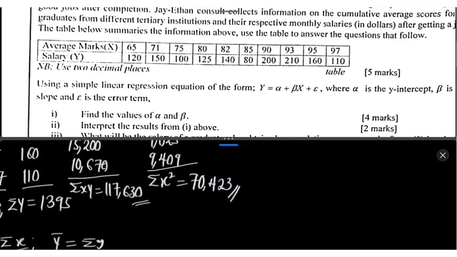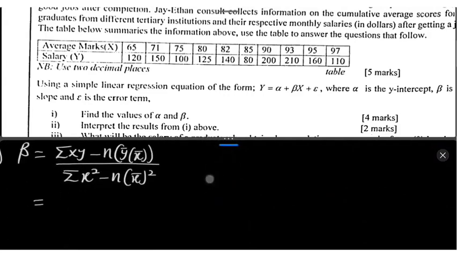And in our column, we have summation xy, which is 117,630. So you have that one within here. So that's going to be 117,630 minus, and we know n in this particular case was 10.